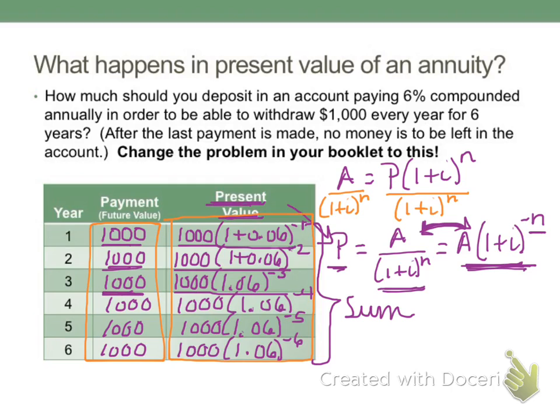Okay, so since I'm looking for the sum, we again are going to go back to writing this as the sum of all of these present values.